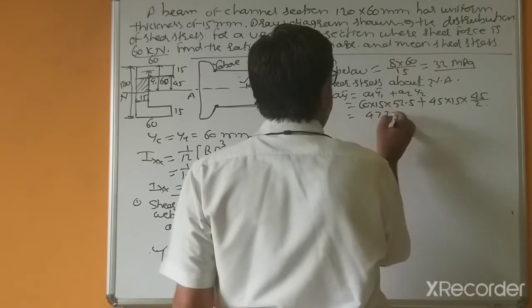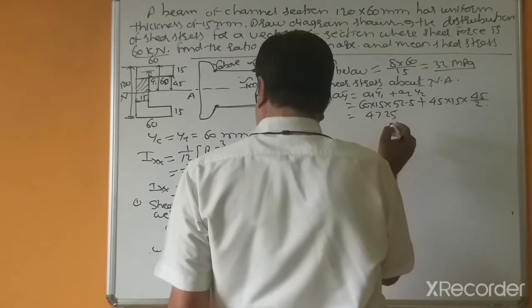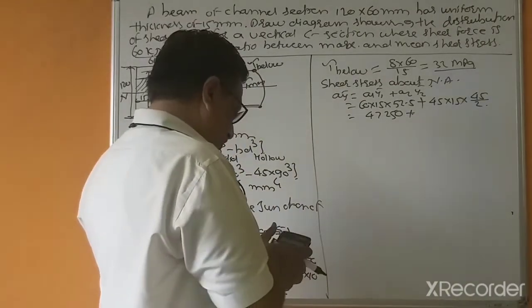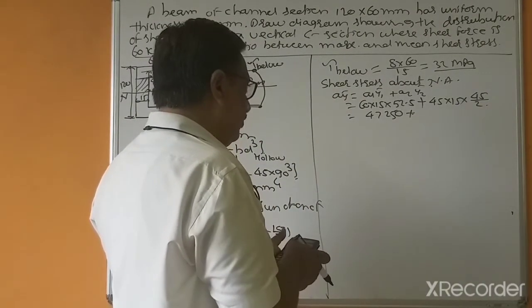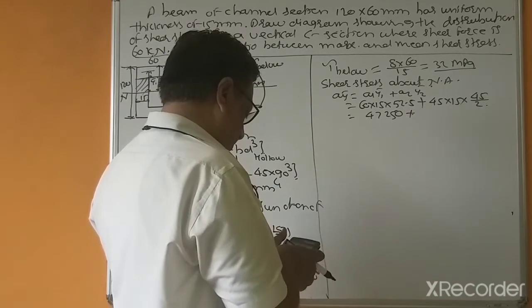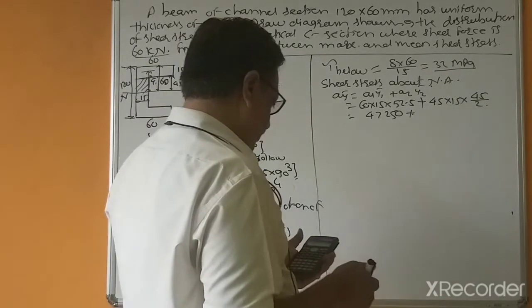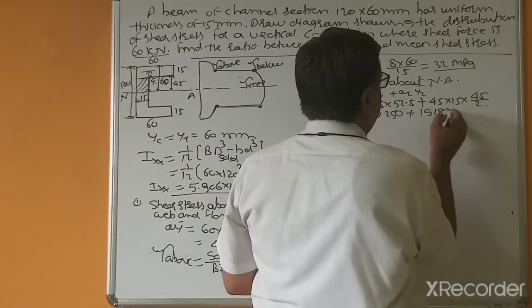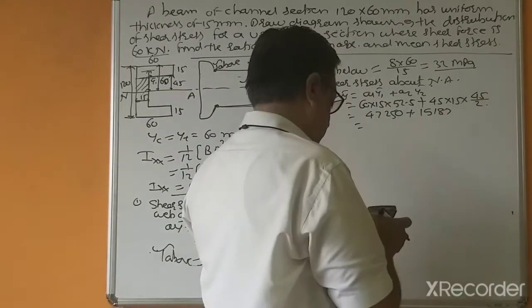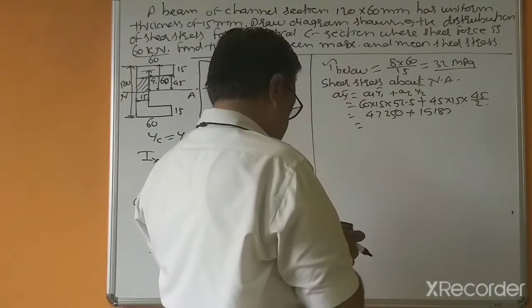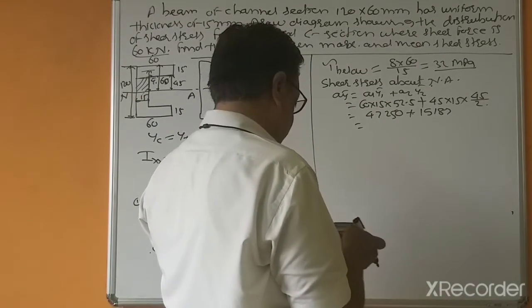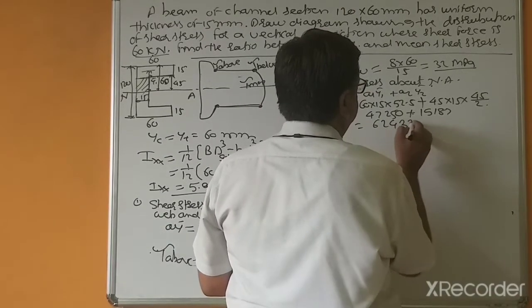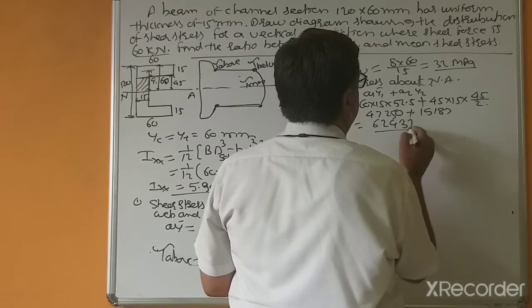This is 47250 plus 45 multiplied by 15 multiplied by 22.5, 15187 plus 47250, 62437.